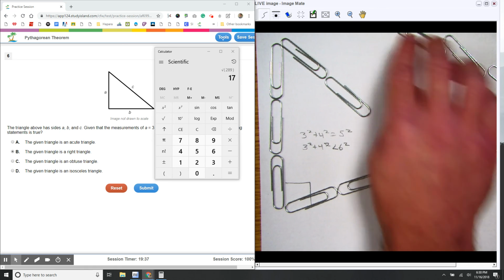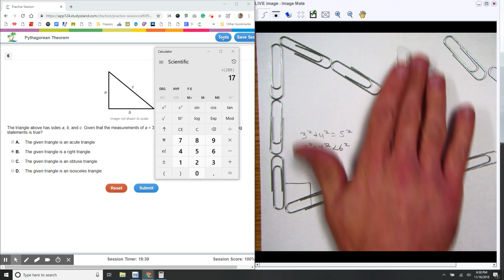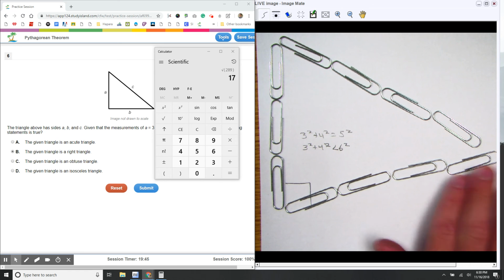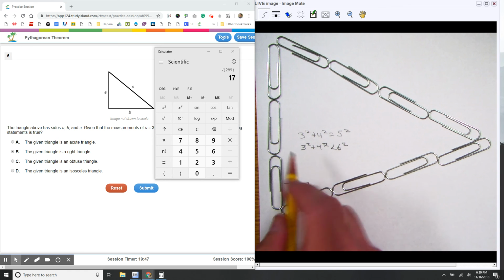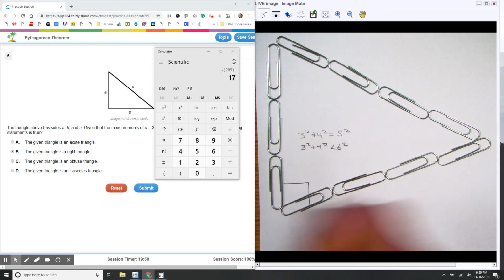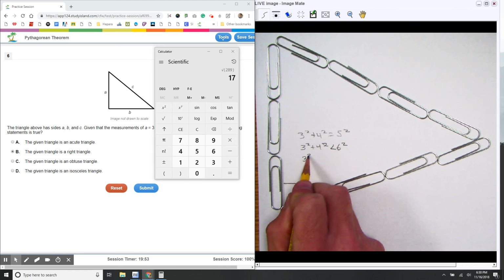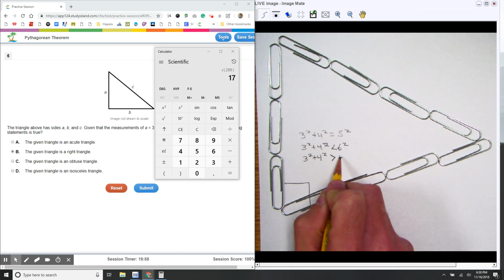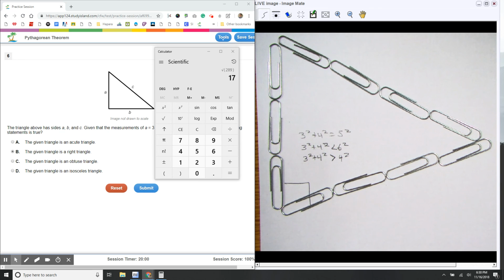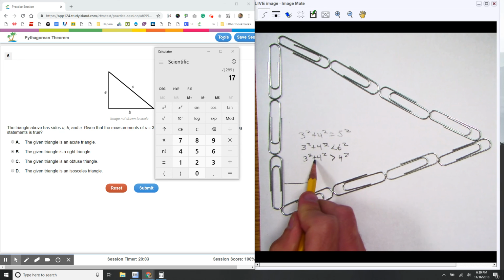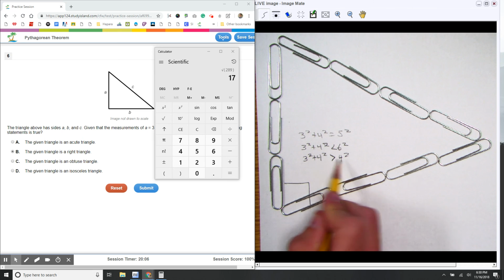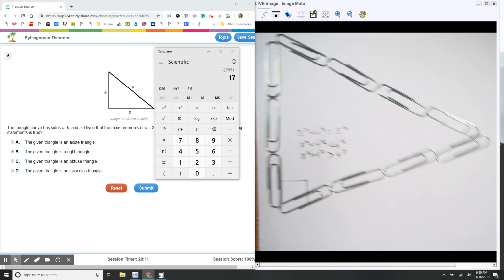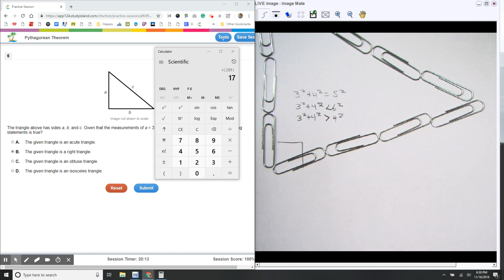I just moved that other angle closer, and I don't need 5 paper clips to get over there. So now it's 3, 4, and 4, and all of these are shorter. So 3 squared plus 4 squared is clearly greater than just 4 squared. So if the sum of the squares of two sides is greater than the square of the third side, then you have an acute triangle.